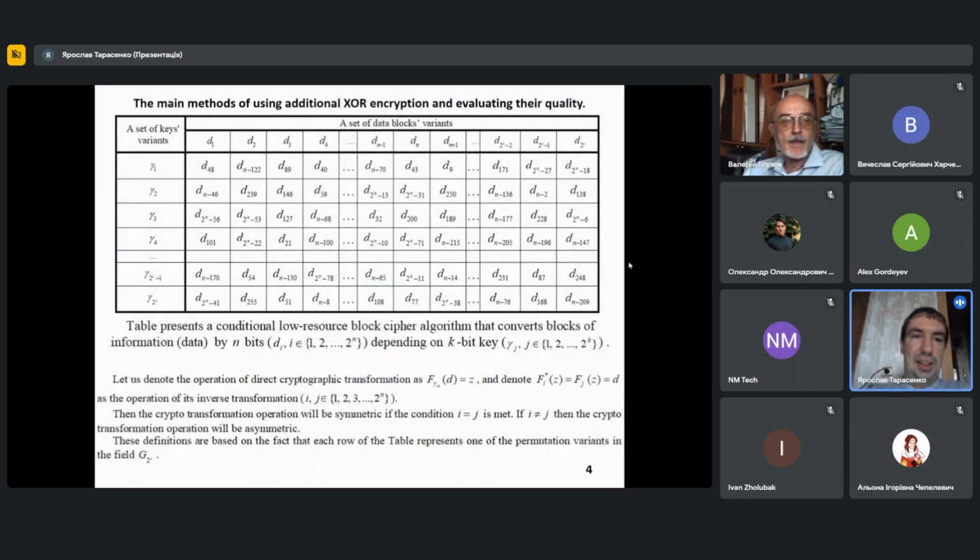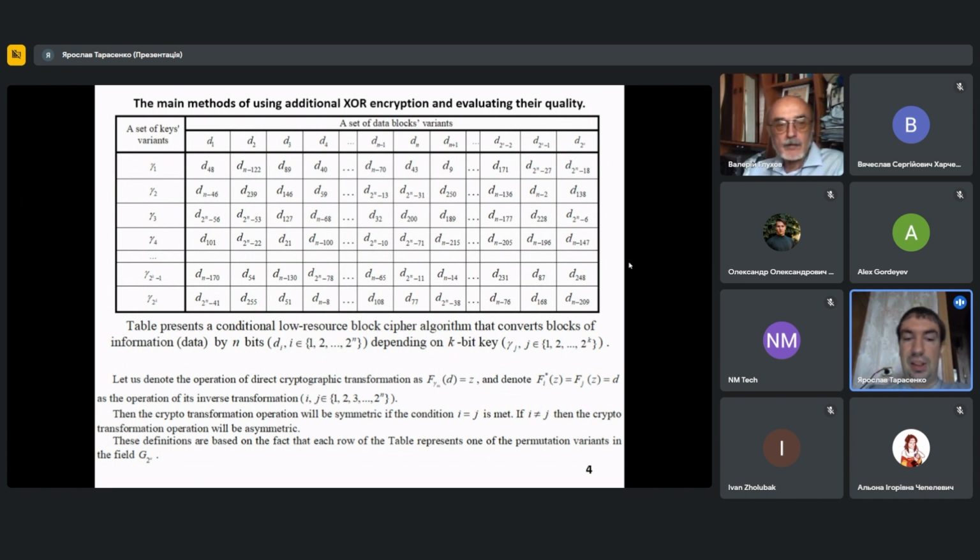On the next slide, you can see the main methods of using additional encryption and evaluating the quality. This table presents a conditional low resource block cipher algorithm that converts blocks of information by n bits depending on a k bit key. So let's denote the operation of direct cryptographic transformation as you can see on the slide.